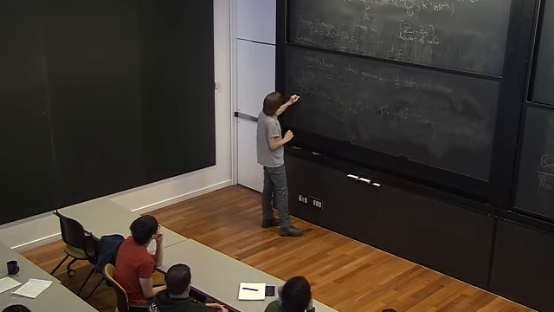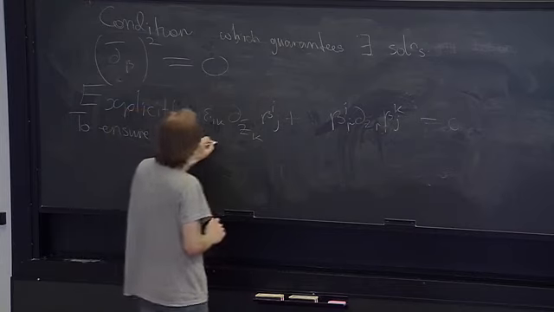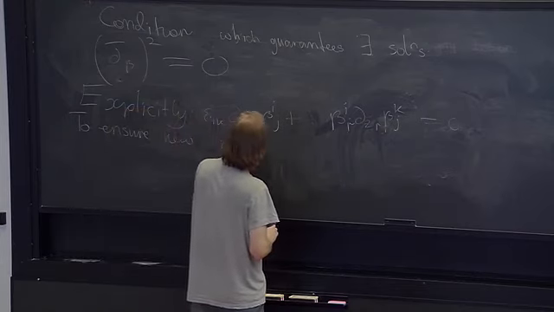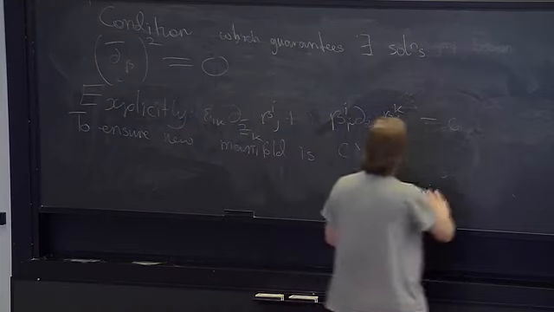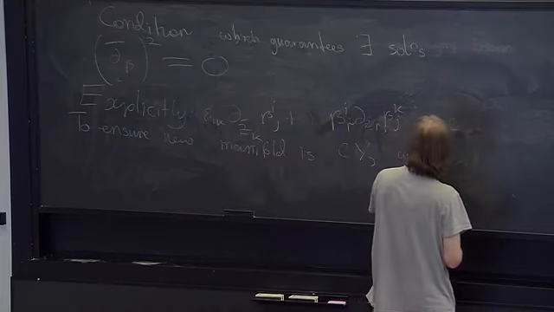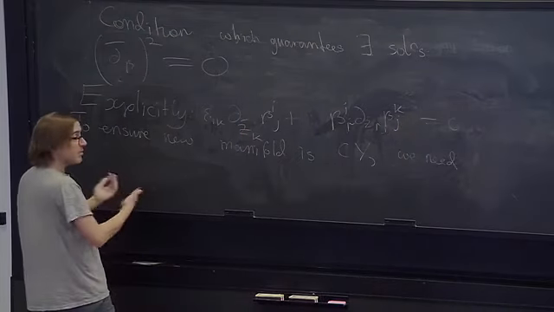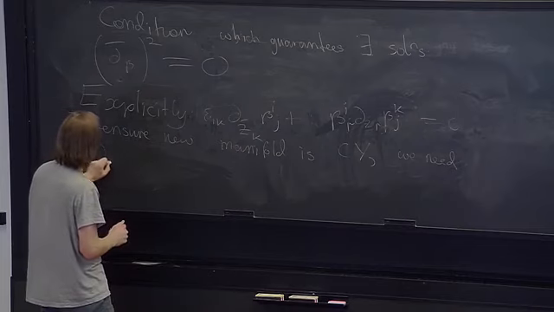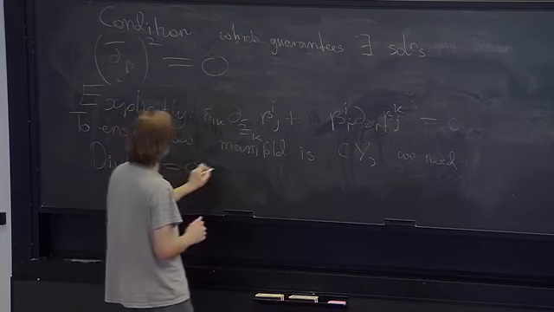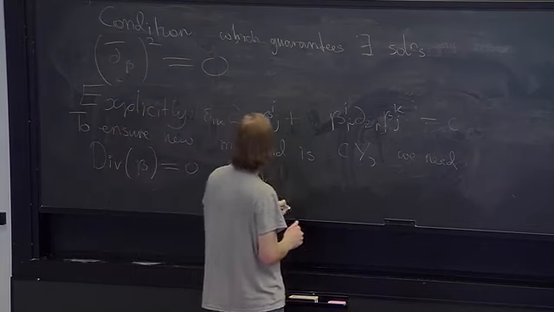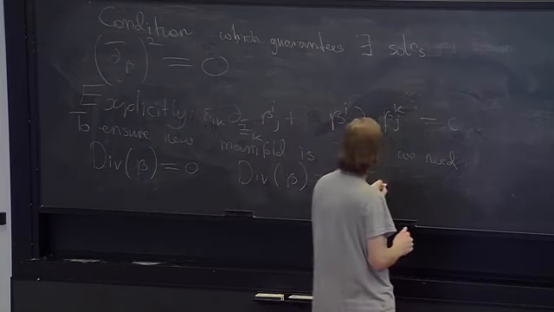So to ensure the new manifold is Calabi-Yau, we need that something like the divergence of beta vanishes.